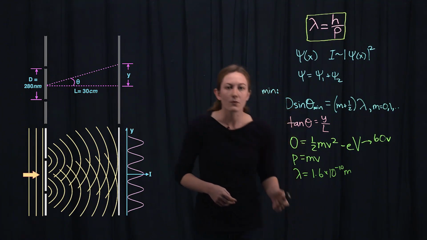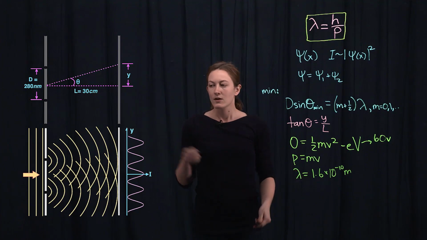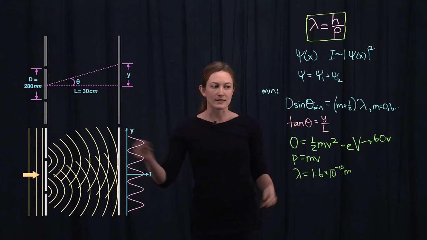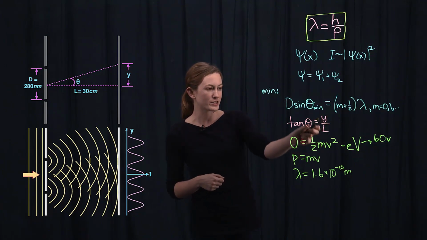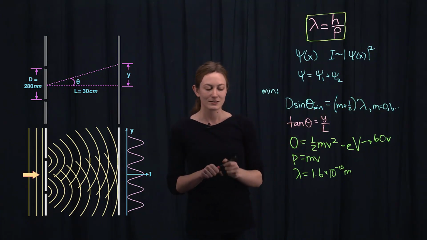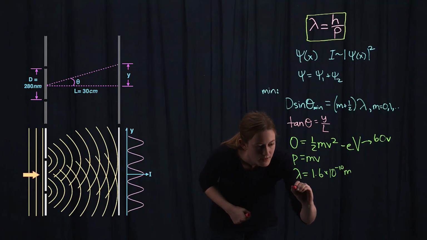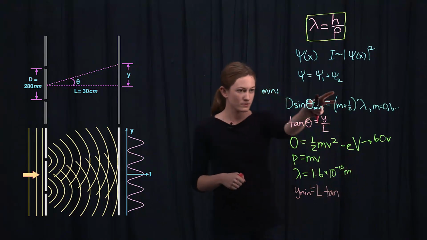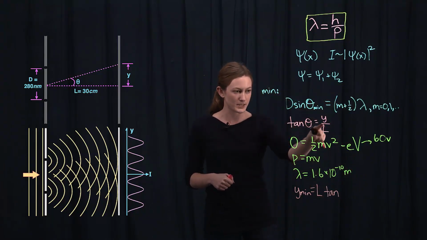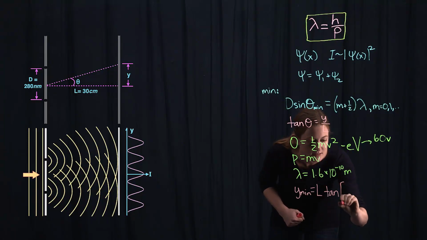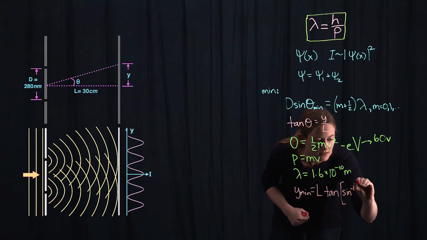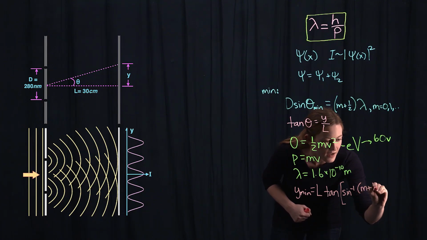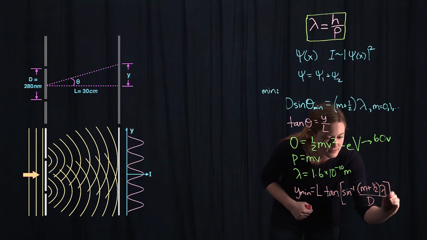Okay, so we're least likely to find the electron where the intensity pattern on the screen is at a minimum. So that's the y for which theta min satisfies this equation here. We can write the equation for minima as y min equals L tangent theta min. Solving for theta min here, we would find theta min equals sine inverse of (m plus 1/2) lambda over d, the distance between the slits.